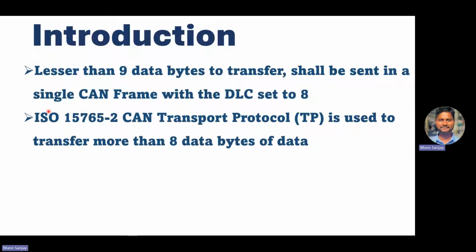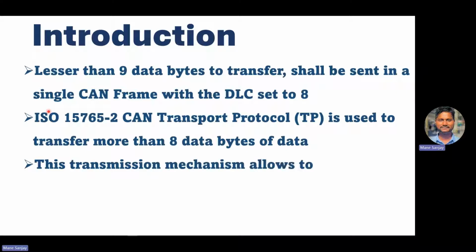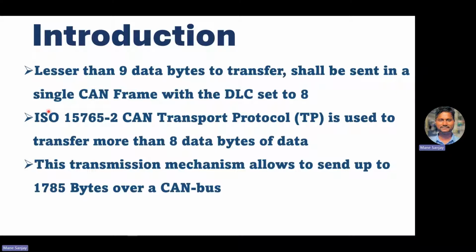But if I wanted to transmit information of more than 8 bytes, that is possible with this protocol. This transmission mechanism allows you to send up to 1785 bytes over a CAN bus.